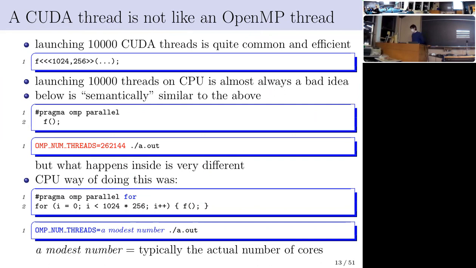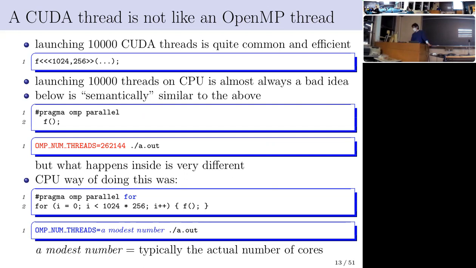So it looks very peculiar and somewhat awkward, but this is a good way of launching so many threads and doing so many things in parallel. And you are creating something called a CUDA thread by doing this.